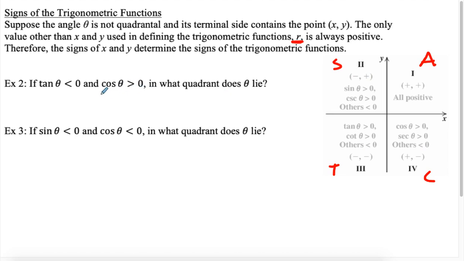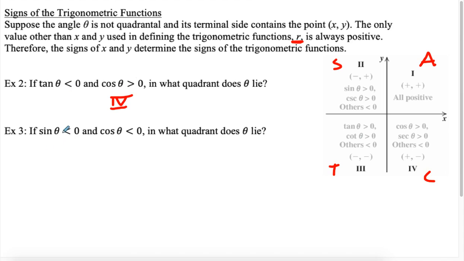Cosine is the x value, so that means we would have to be on this side of the y-axis. We're either in 1 or 4. So if we're either in 2 or 4 and 1 or 4, we would have to be in quadrant 4, right? Tangent is negative and cosine is positive in quadrant 4.